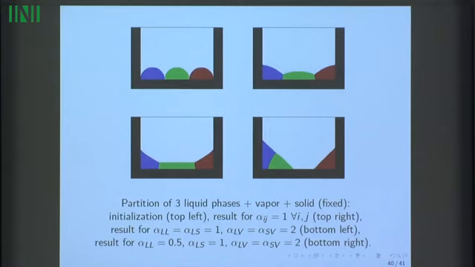So you obtain this in this case, and in this case, in between the phases you change the penalty, between liquid and liquid it is less. So liquids want to maximize, to have longer interface.